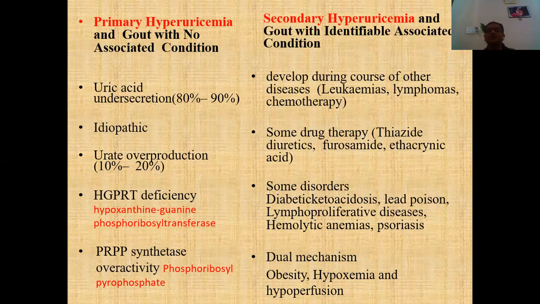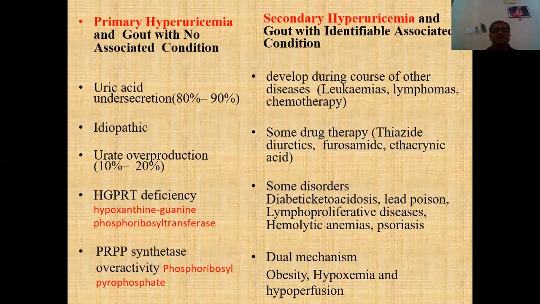The role of HGPRT is to convert this excess production into proper metabolism, which is responsible for easy excretion. HGPRT is nothing but the hypoxanthine guanine phosphoribosyl transferase enzyme, which is responsible for converting this and decreasing the uric acid level to normal.